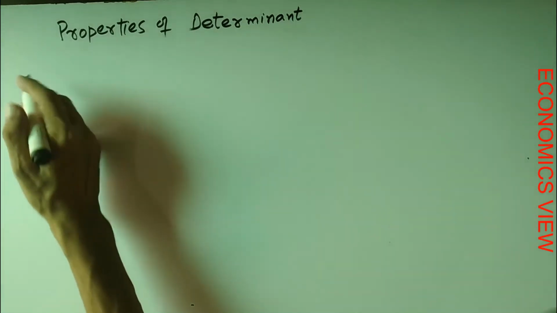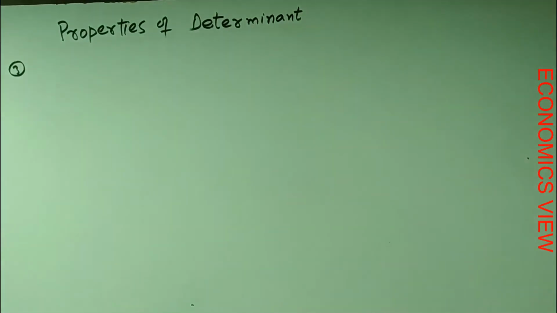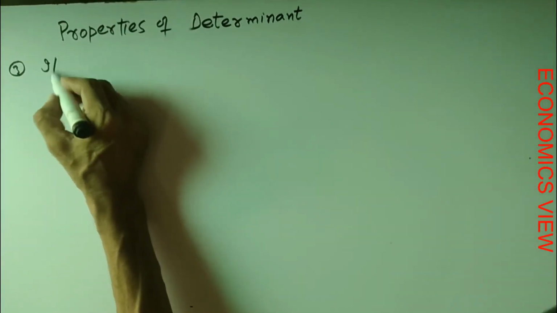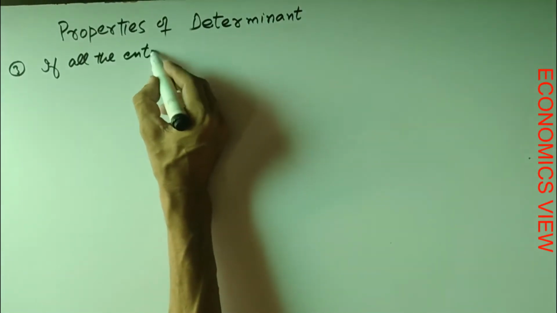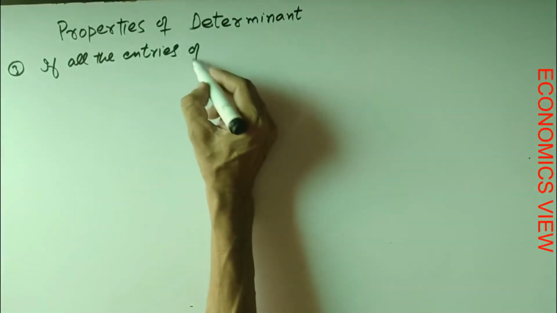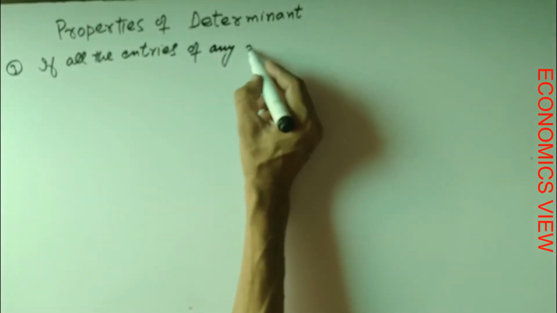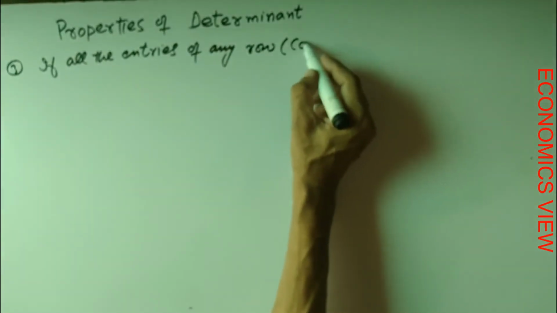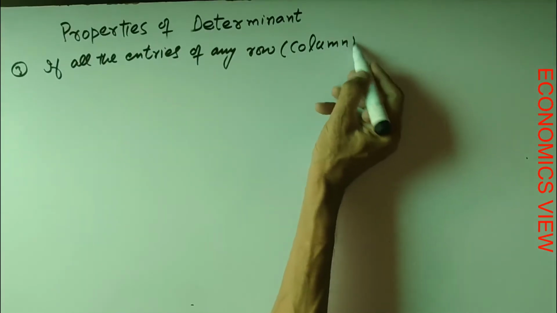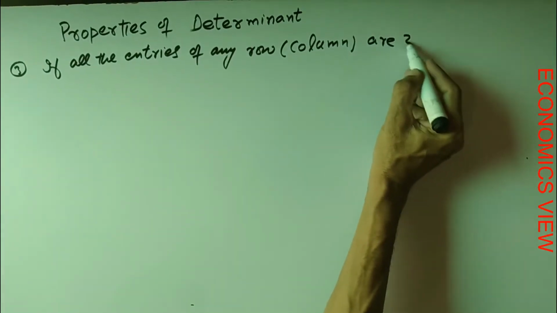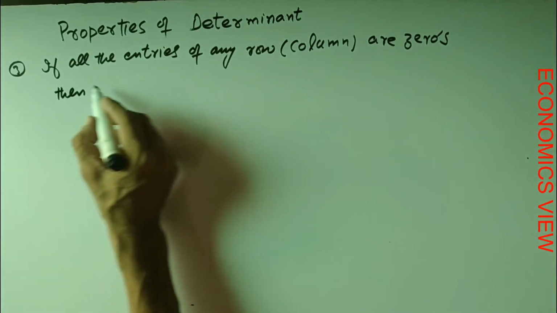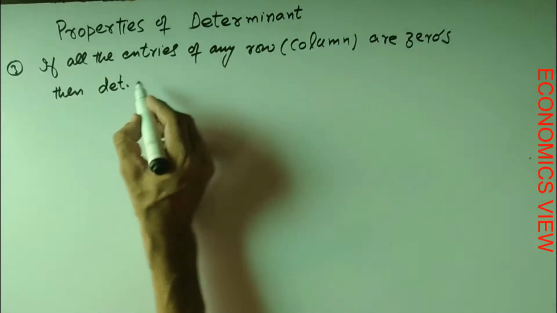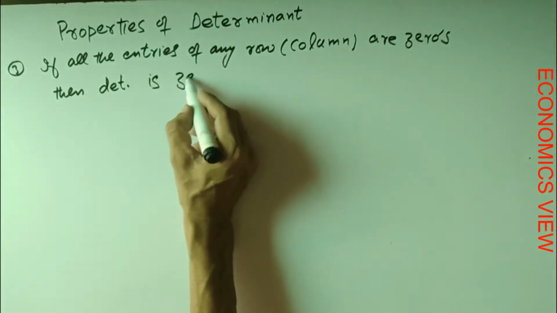Now the third property is, if all the entries of any row or column are zeros, then the determinant is zero.